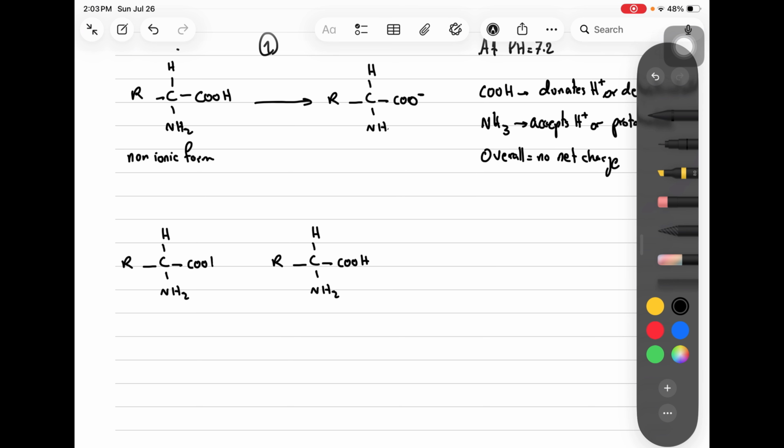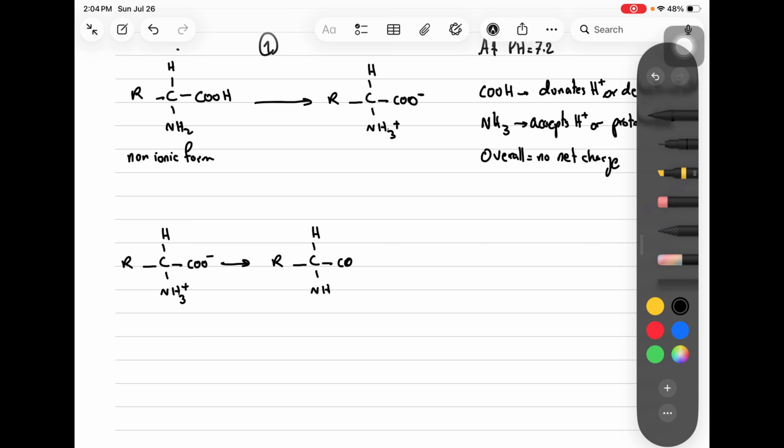This is CO negative, positive NH3 plus. We are looking at a high pH here. Not gonna do anything about the numbers.